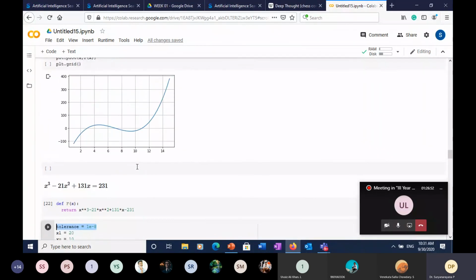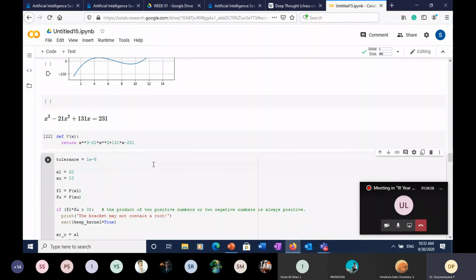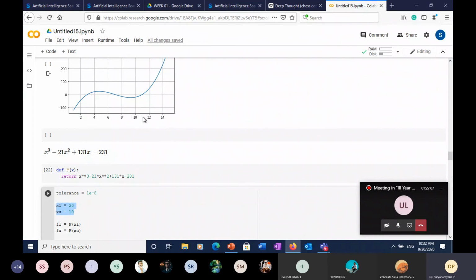Okay, and then, for bracketing method, if you remember the algorithm, what you should start with is two initial guesses, 10 and 20, and we have to choose these initial guesses such that the function value has opposite signs at these points. At 10, see the function value is negative.